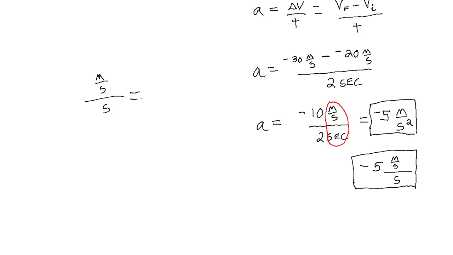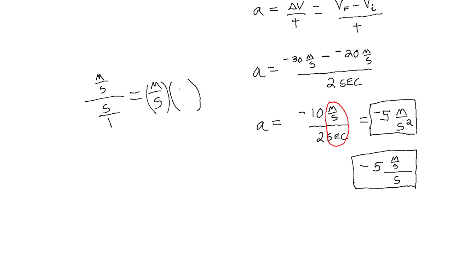So this is where the meters per second squared comes from, because we have meters per second divided by seconds. And we do keep, change, flip. You may remember that from prior math courses. You keep the top, so meters per second. Then you multiply by the bottom. However, we flip the bottom, because really seconds is the same thing as seconds over 1.